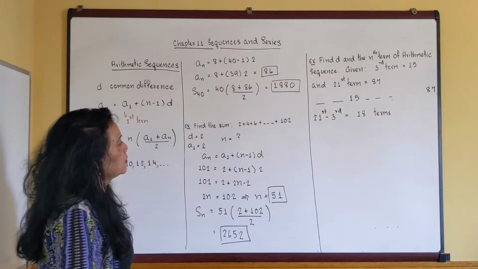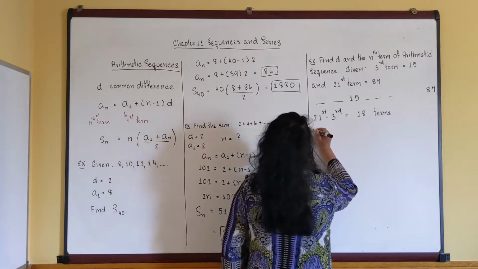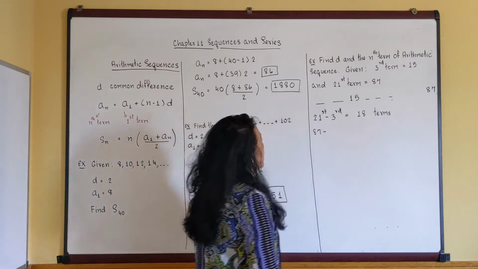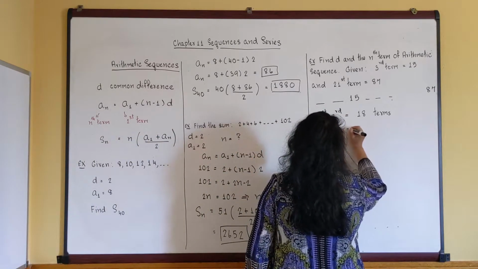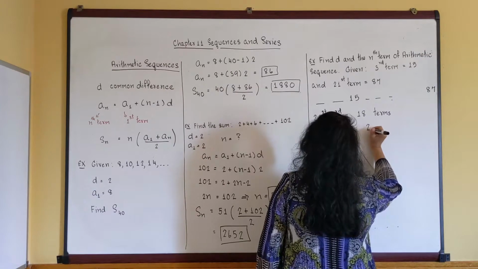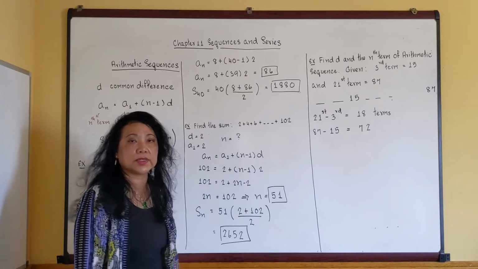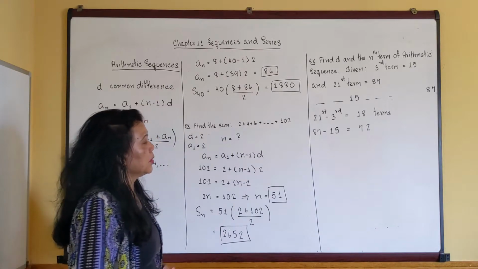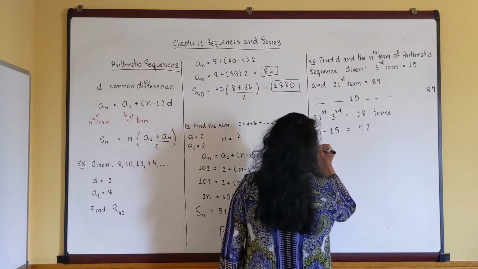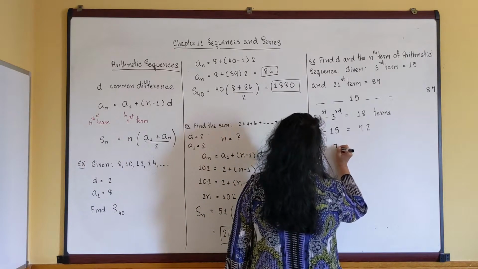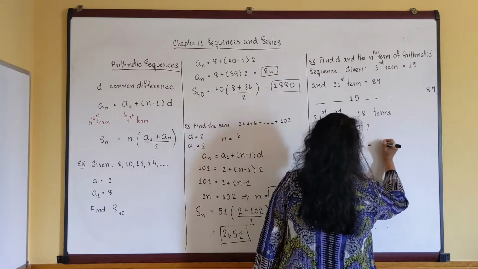And the 21st term, the number is 87, and the third term, the number is 15. So the difference between the 21st term and the third term is 72, but we have 18 terms. So I'm going to find d. d should be 72 divided by 18, which is 4.